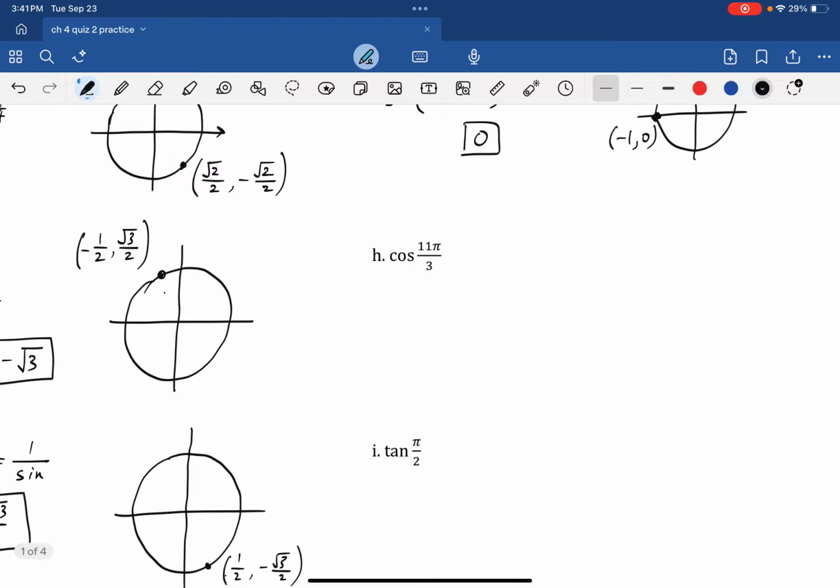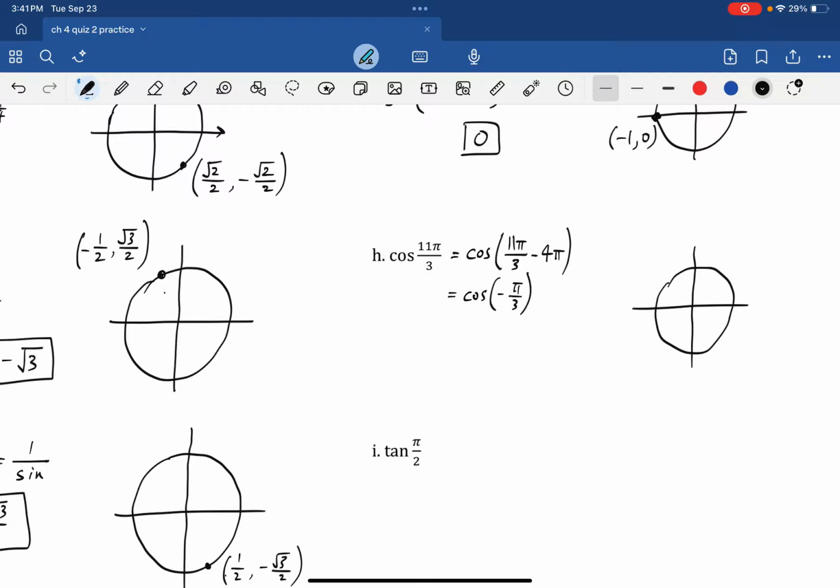Cosine of 11 pi over 3. Well, we're going to subtract a multiple of 2 pi. I'm going to subtract 4 pi, because 11 pi over 3 is pretty close to 12 pi over 3. So that leaves me with cosine of negative pi over 3, which is easier to find on the unit circle than 11 pi over 3.